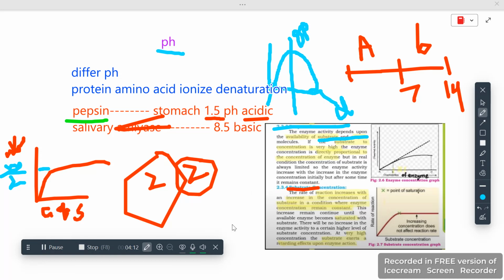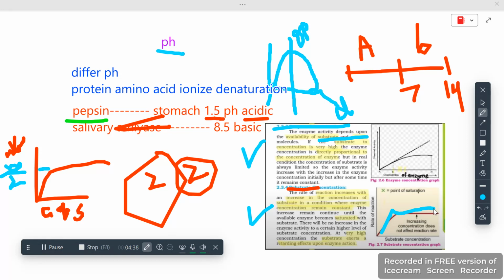Now the last one we have is substrate concentration. In the previous one we were discussing enzyme concentration; here we are discussing substrate concentration. The rate of reaction increases with an increase in the concentration of substrate, in a condition where enzyme concentration remains constant. If you graph it, this is the complete optimum they require.